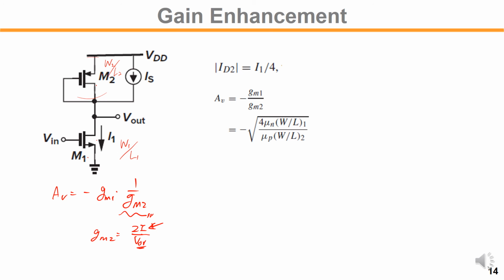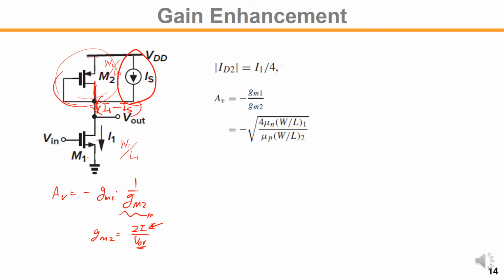To enhance the voltage gain, we can reduce the current through M2 in bias conditions. By placing a DC current source in parallel with M2, the current through M2 now becomes I1 minus IS, so a small current flows through M2.